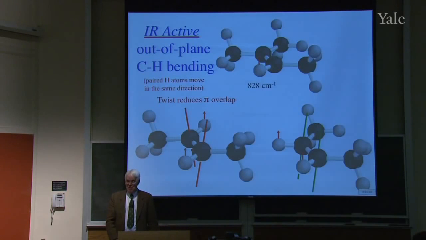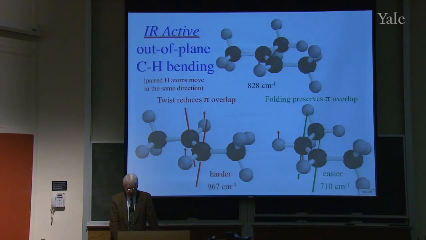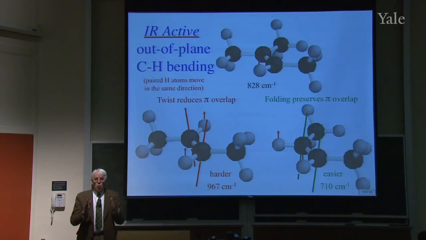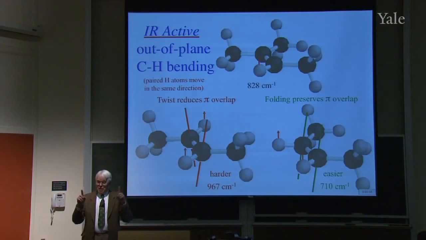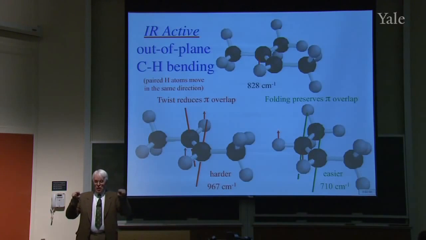It distorts the pi bond, whereas the one on the right doesn't distort the pi bond. So the one on the left is harder to do, and it's higher frequency. So folding preserves the pi overlap. The harder one and the easier one, the harder one is high frequency, the easier one is low frequency. So you can understand why, when these two vibrations mix, you see only one.